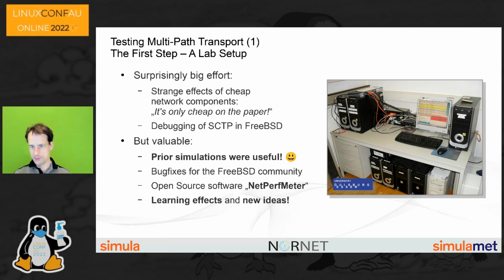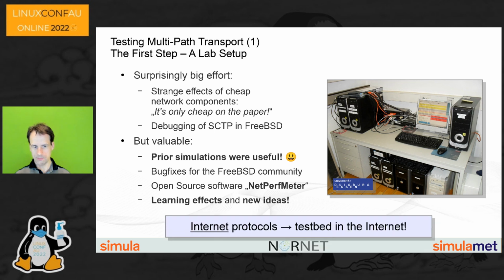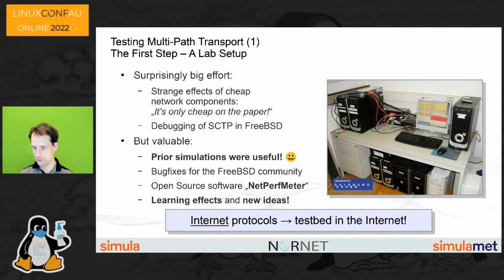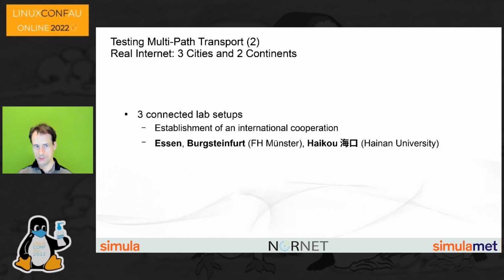This small setup had, of course, a lot of learning effects and new ideas around multipath transport and research on this. So the idea was, well, we did research on internet protocols, but obviously such a testbed is an intranet setup. So let's go to the internet.